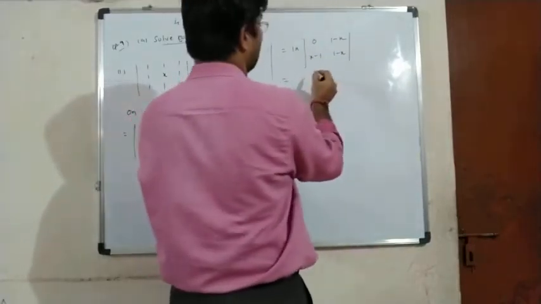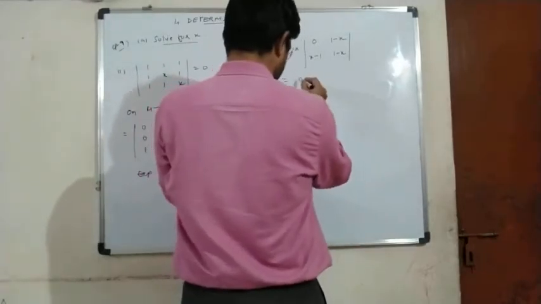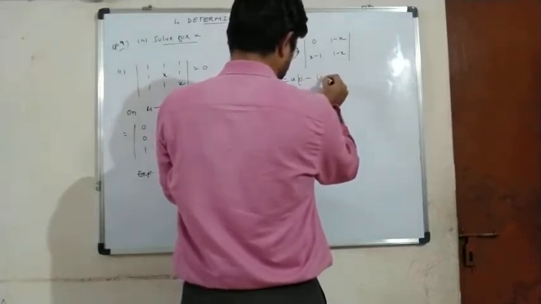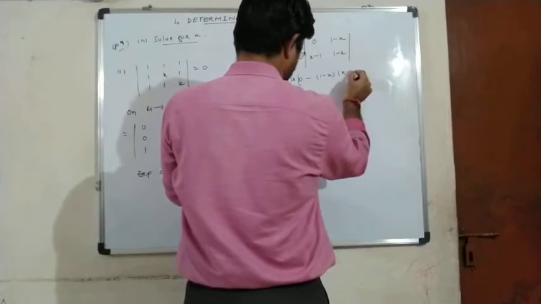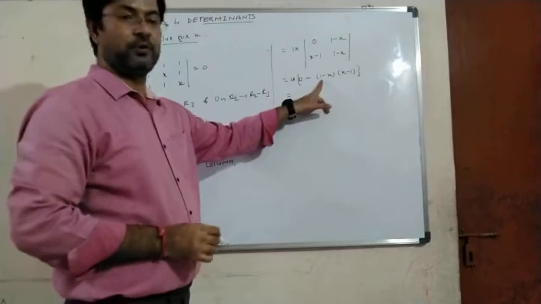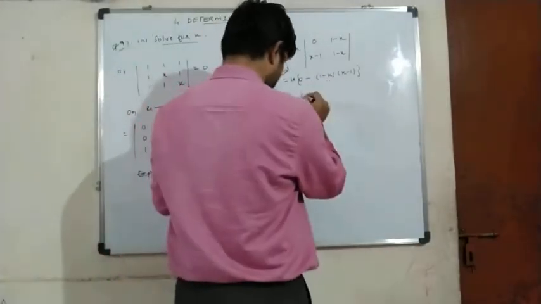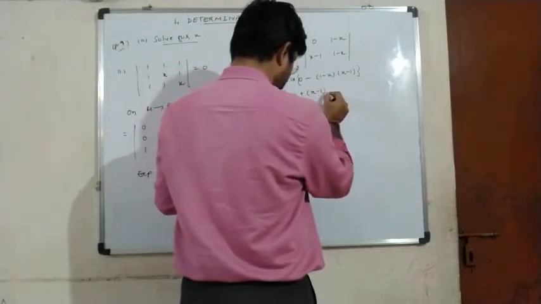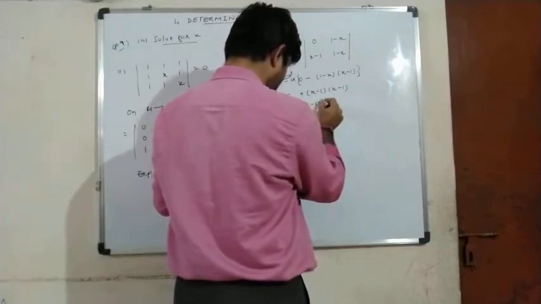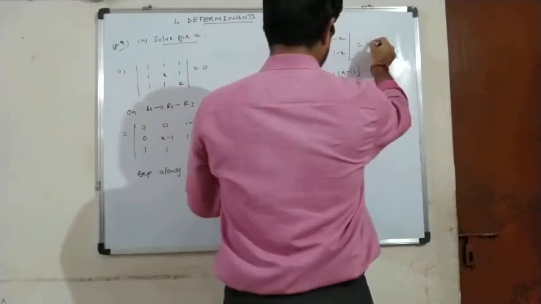Let us simplify. 0 into 1 minus x will be 0 only, 0 minus 1 minus x into x minus 1. If you take the minus sign common over here, 1 minus x will be x minus 1 and minus minus plus, so plus x minus 1 into x minus 1 is equal to x minus 1 the whole square. Equal to 0 is given on the right hand side.